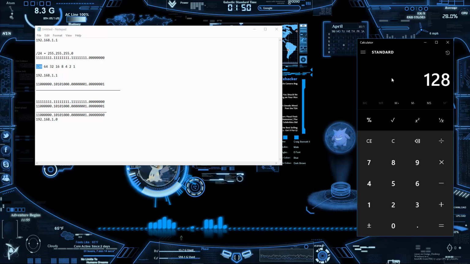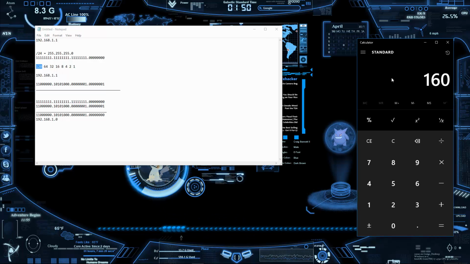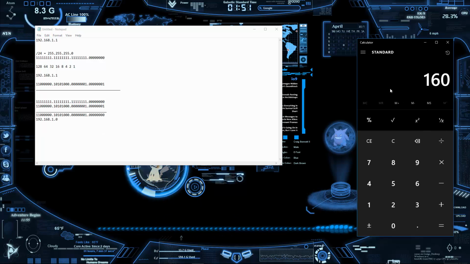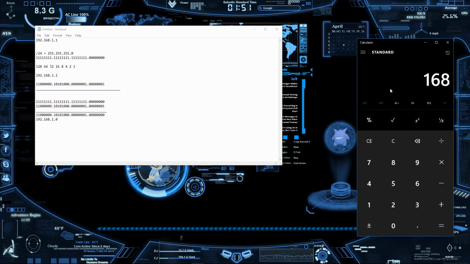That's too high, so go back to 128 plus 32. 128 fits within 168, so that's true, so that's 1. 64 would make it too high, so that's 0. 32 fits, making it 160, so that's true. 16 is too high, so it's false. 8 fits into 168, so that's true.